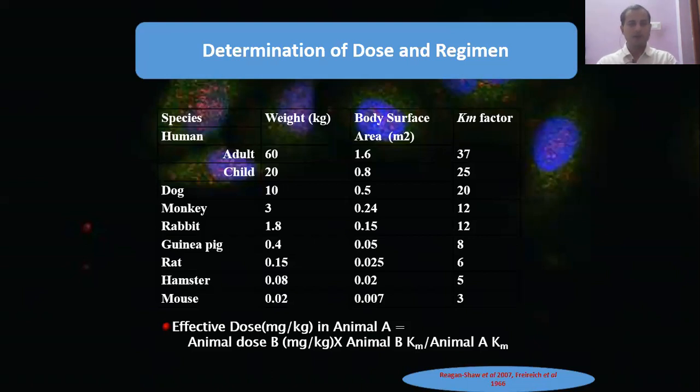So if you want to calculate the effective dose in animal A from animal B, then it is equal to the effective animal dose B in mg per kg, multiplied by animal B Km divided by animal A Km. So this is the formula for how we calculate, and as I already told you, it depends on the choice of the clinician and other discussions also. This is not very accurate.